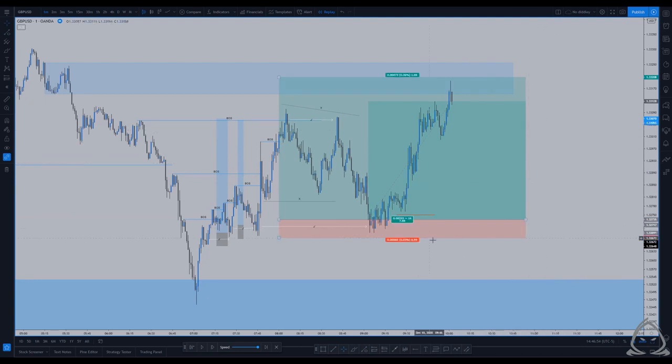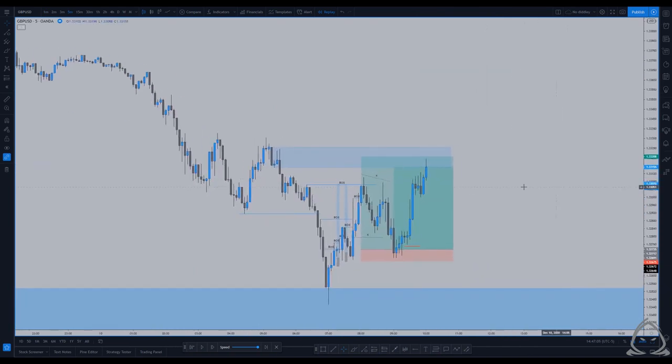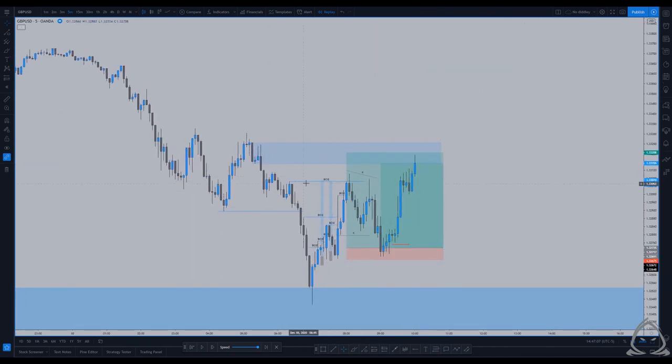And one of the main reasons why I also factored in this area is if I look at structure a little bit cleaner on the 5 minute, what we can see is our swing high was here. We broke it with a wick. We returned to the order block, which is what we've entered on. And then what we can see when we're looking at the 5 minute is that we broke this high with a wick.